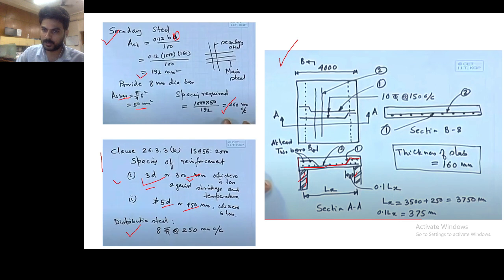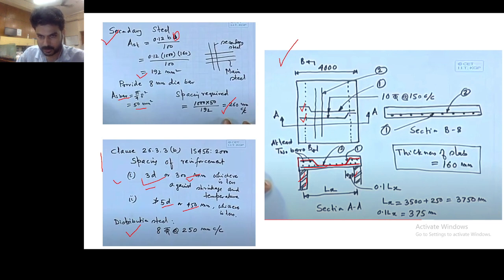By doing the bent up we will get the extra shear capacity. This bar which is also coming like this is bent up here. These are the main reinforcement, primary reinforcement, you can see it here. This is the primary reinforcement, this is also primary reinforcement. These are coming at the bottom.